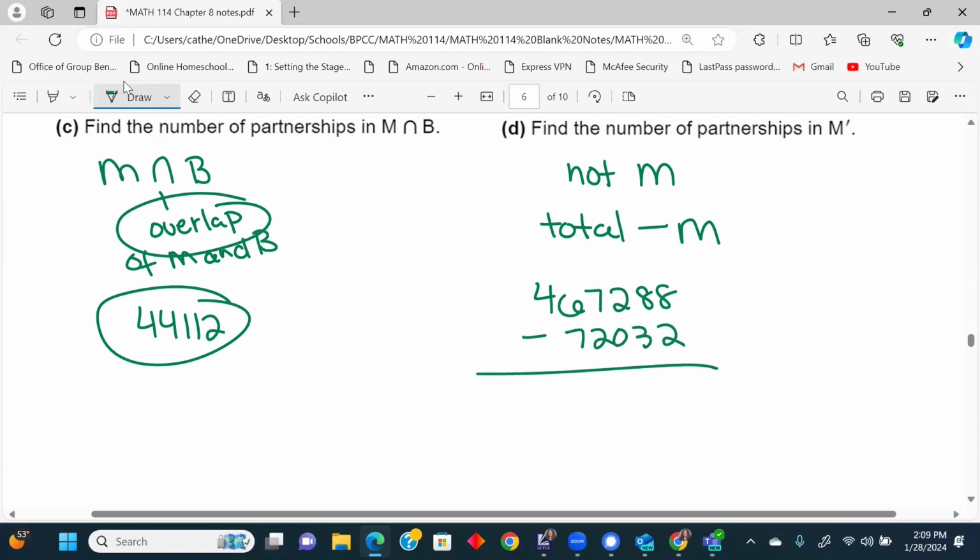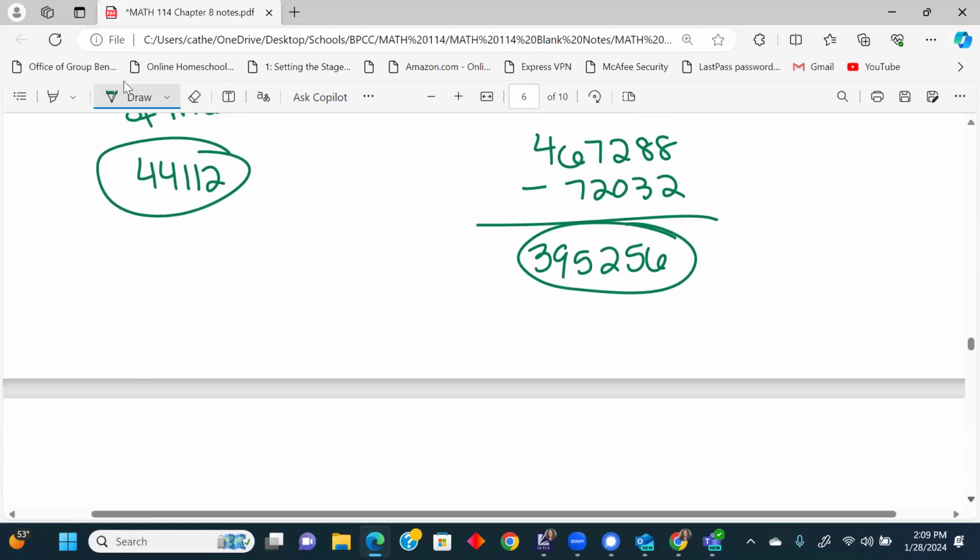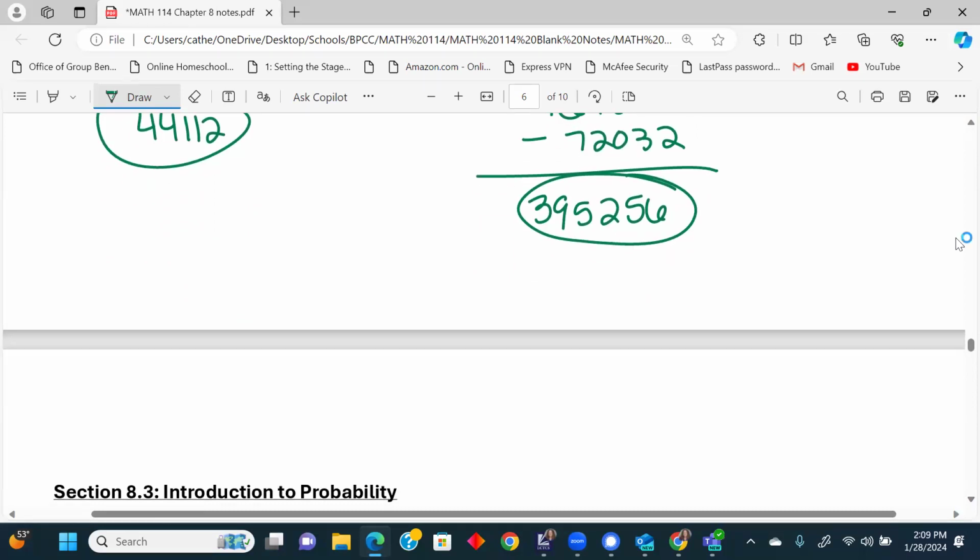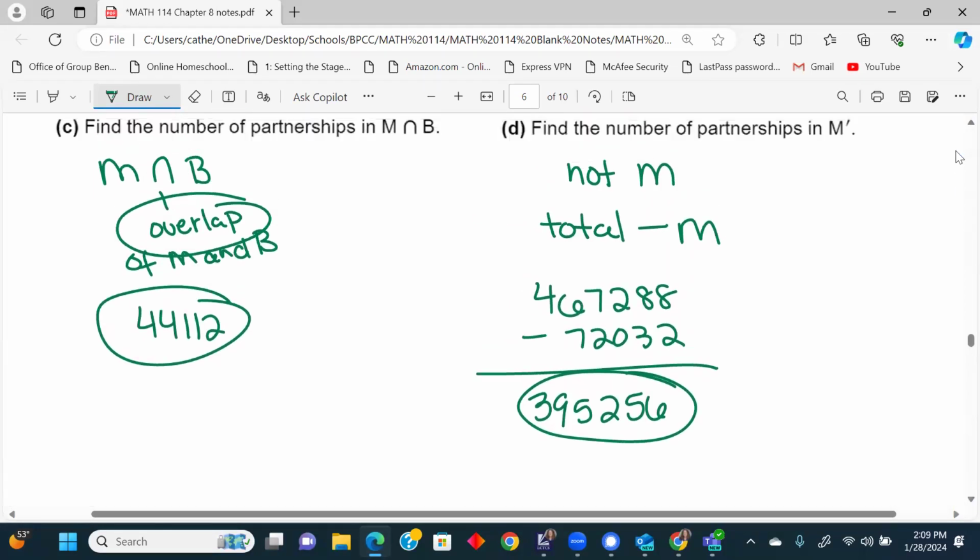Put that into the calculator. All right, so that is going to be 395,256. And that is it for section 8.2.